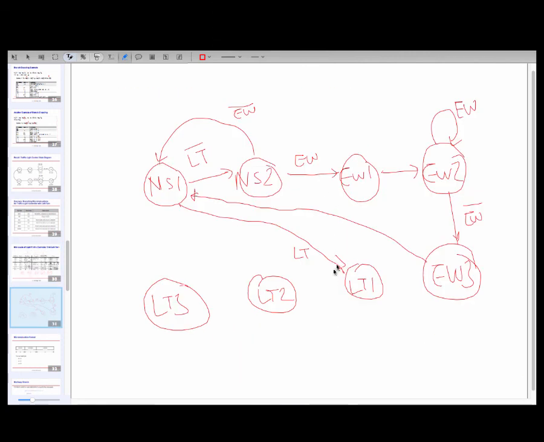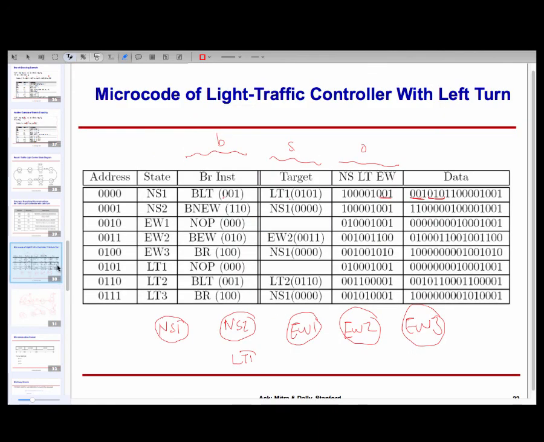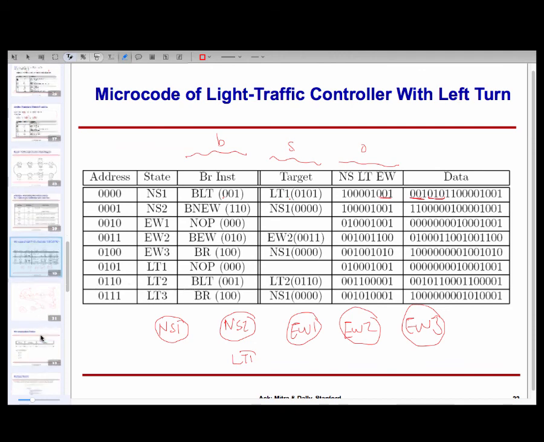Always. What happens in LT2? LT2 says BLT LT2. Loop back under what conditions? LT.